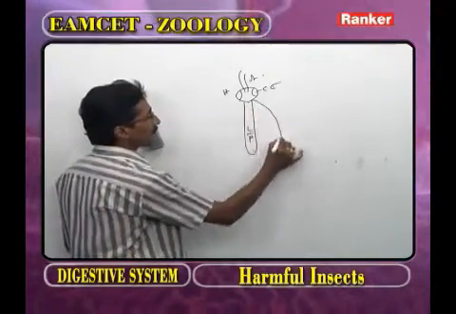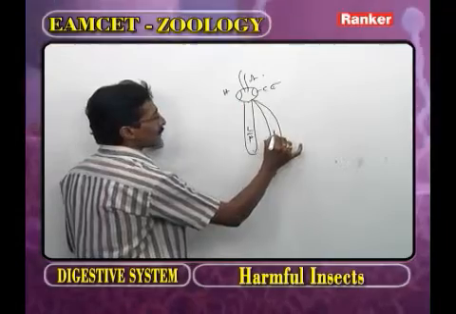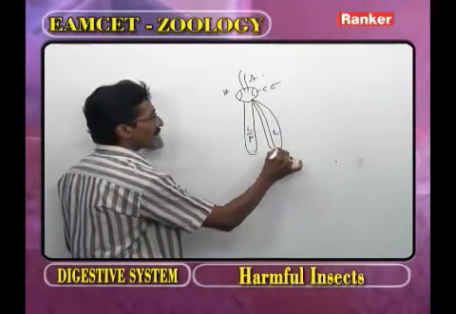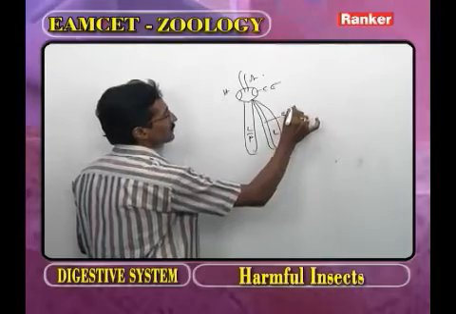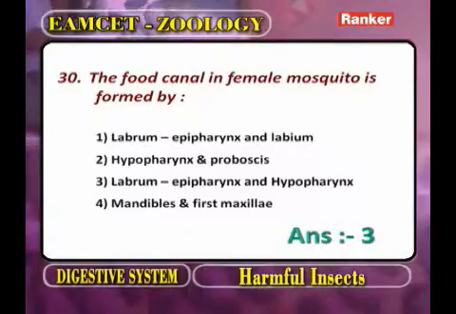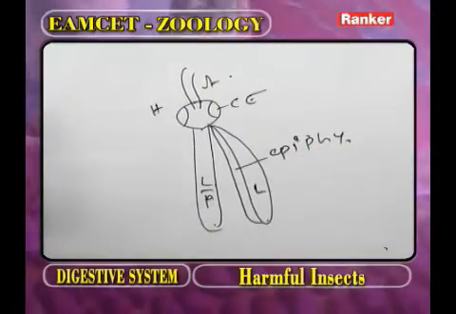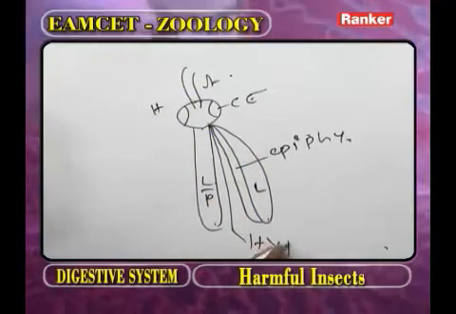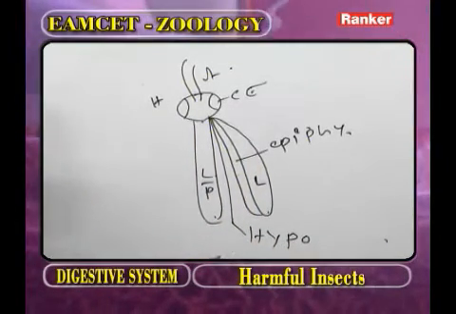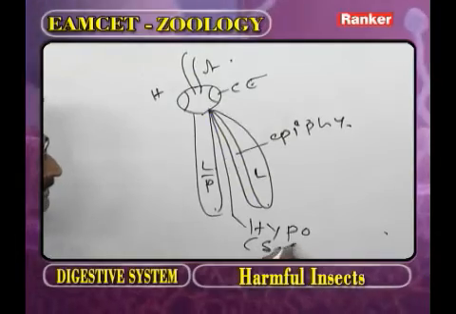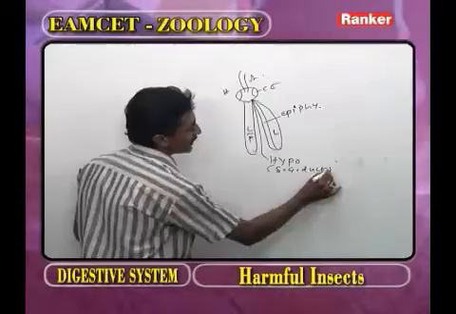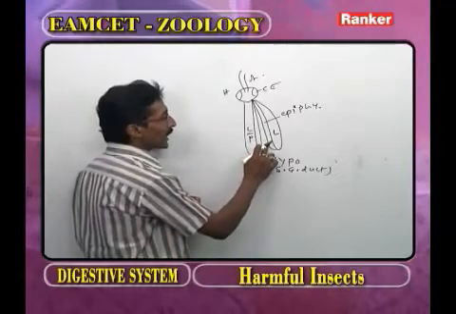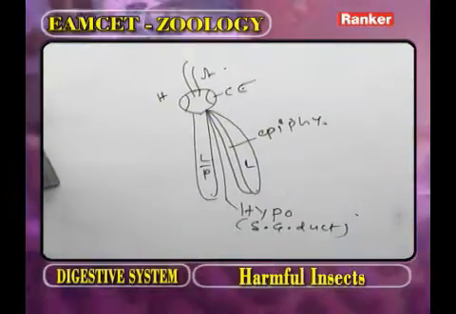This one we call the labrum; it is elongated. And this one we call the epipharynx. This one we call the hypopharynx. In the hypopharynx, the salivary gland duct is present.